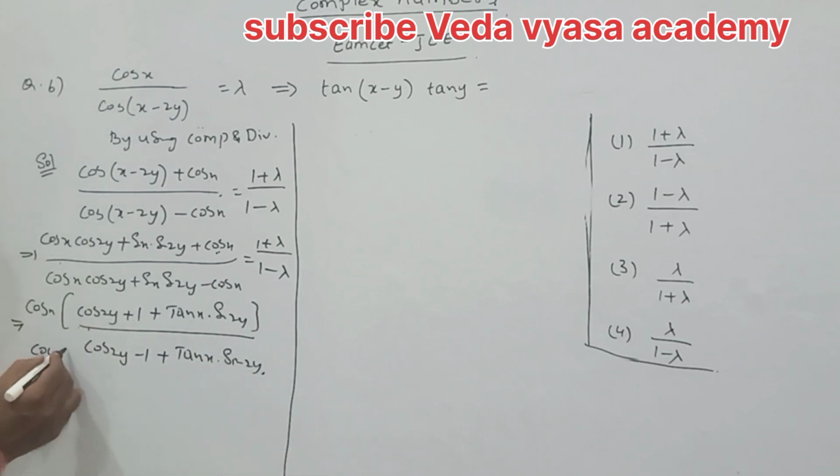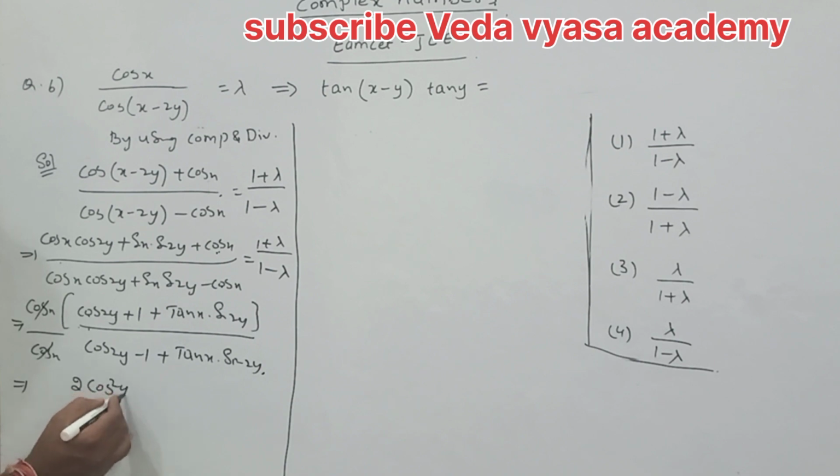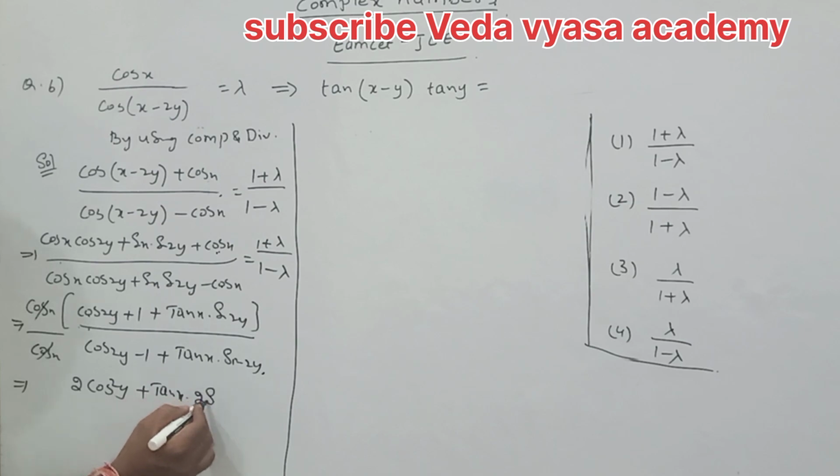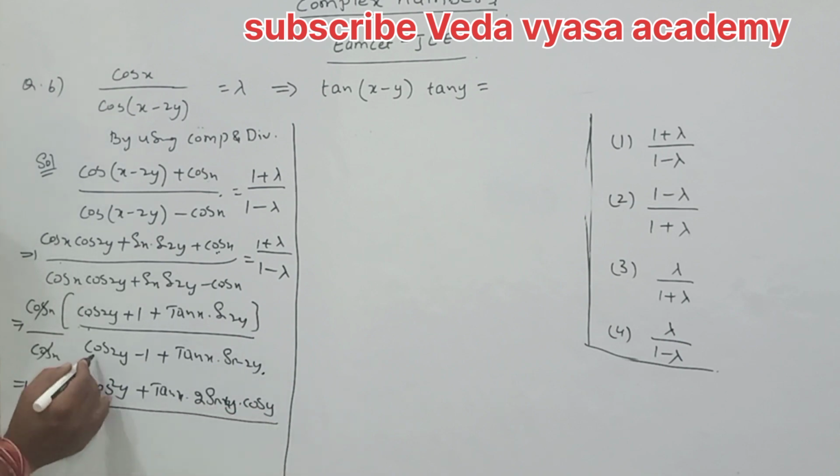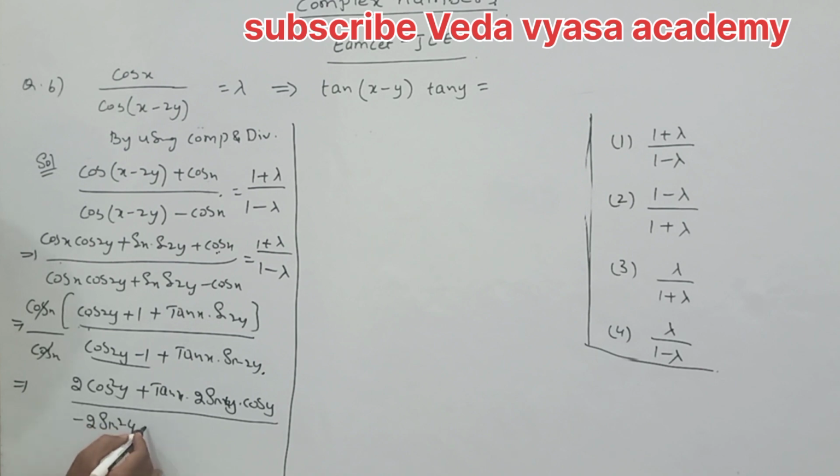Here cos x cancels, then cos 2y plus 1 is equal to 2 cos square y plus tan x into 2 sin y cos y. Denominator: minus 2 sin square y plus tan x into 2 sin y cos y. You observe here 2 cos y as common in the numerator, and 2 sin y as common in the denominator.